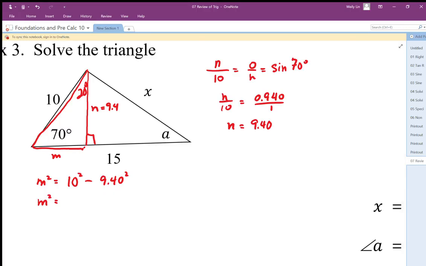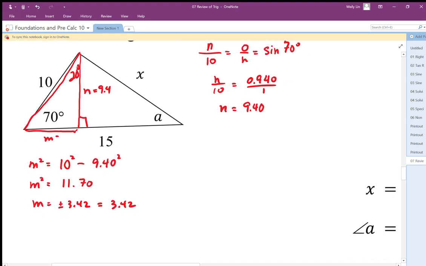So 10 squared minus 9.4 squared gives 11.697. Square root that, and I end up with about 3.42. If you're around 3.4, that's pretty good.